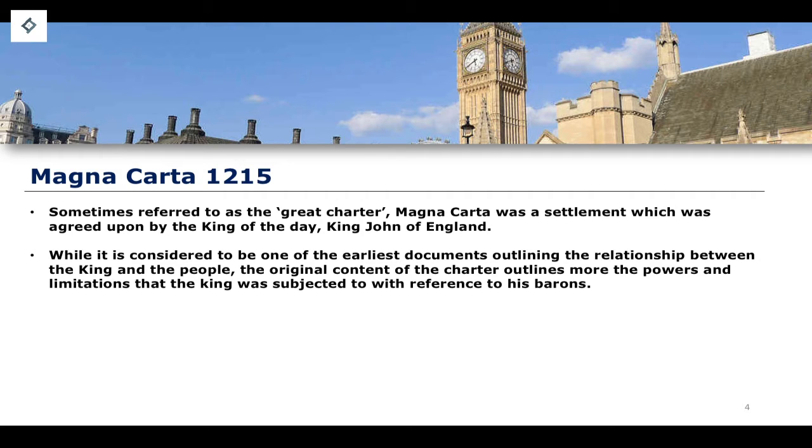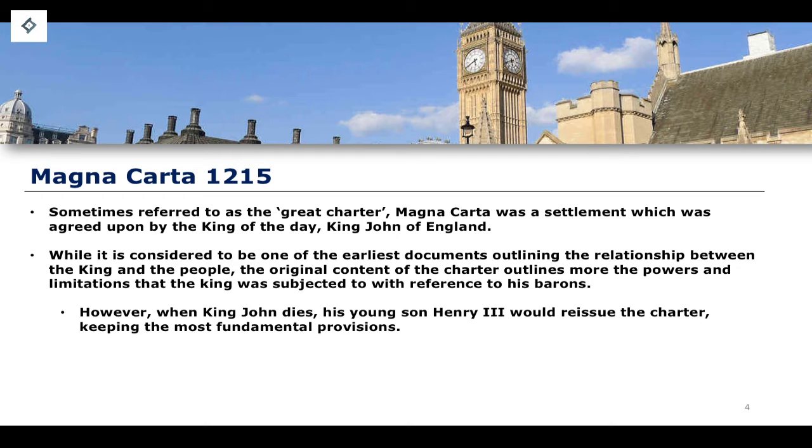Rather, it outlined the powers and the limitations of the powers that the king was subjected to with reference to his barons, specific individuals within the nobility of England. So there was this huge class divide, which would continue, and does continue to some extent to this day, between the lower classes within society and the higher classes, the members of the nobility.